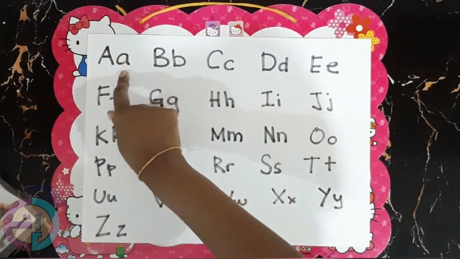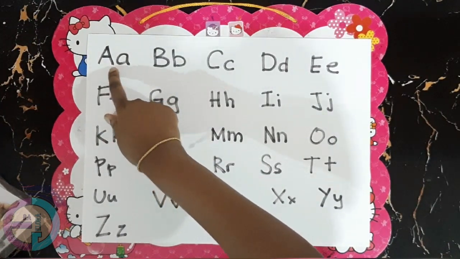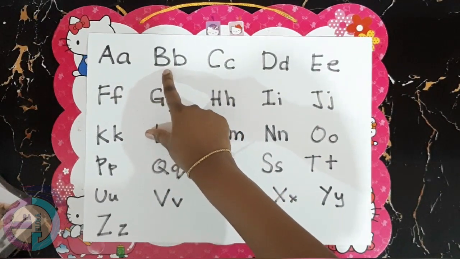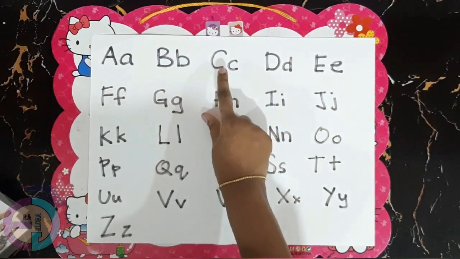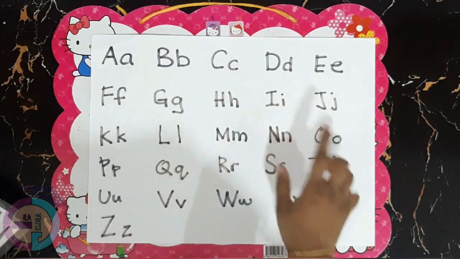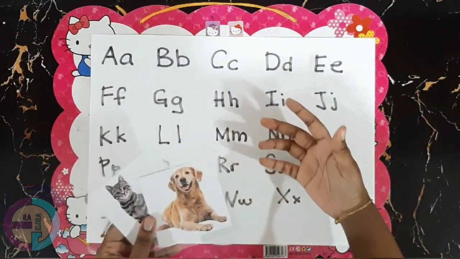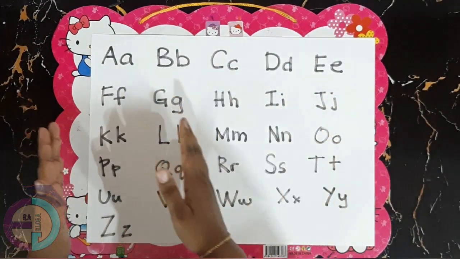So this is A, and the sound that A makes, eh. This is B, and the sound B makes, b. This is C. The sound C makes K, and so on.